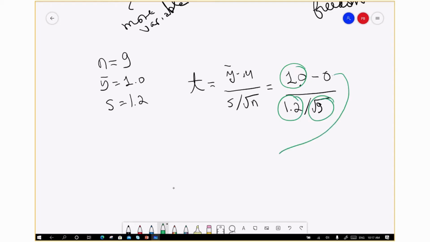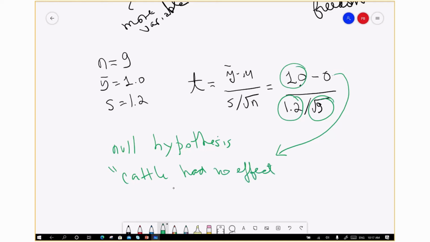Where did the 0 come from? The 0 came from the fact that our null hypothesis, the thing that we're interested in testing, is the idea that the cattle had no effect on plant cover.